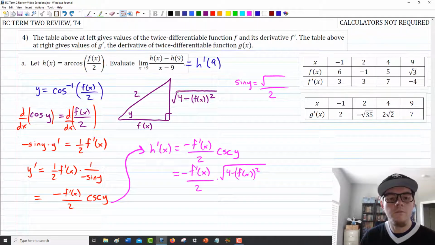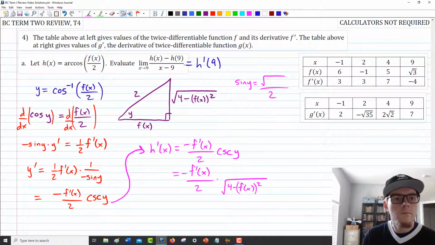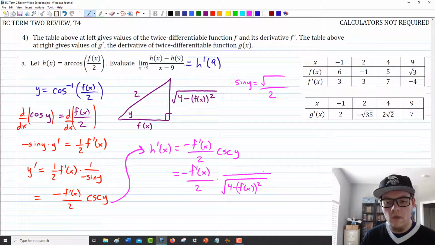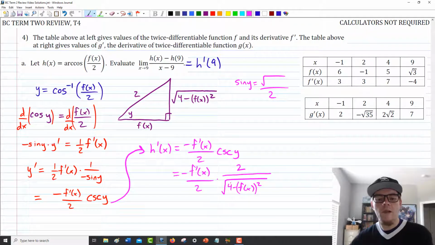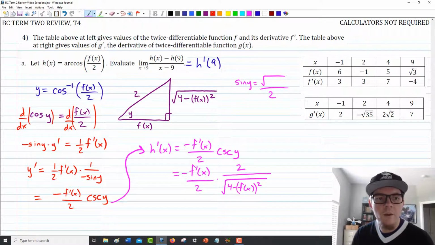It's got to be over 2. I bet I messed this up. So 2 over that, so that way it's the reciprocal. Okay, so having done all this, we now have h prime of x.